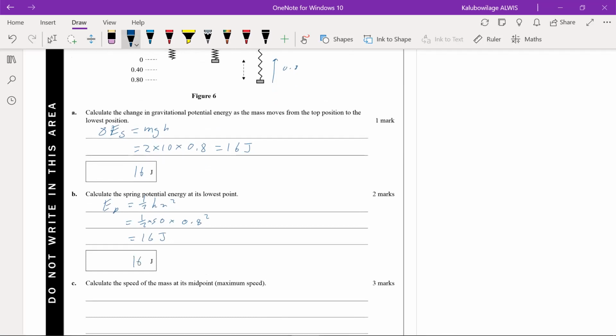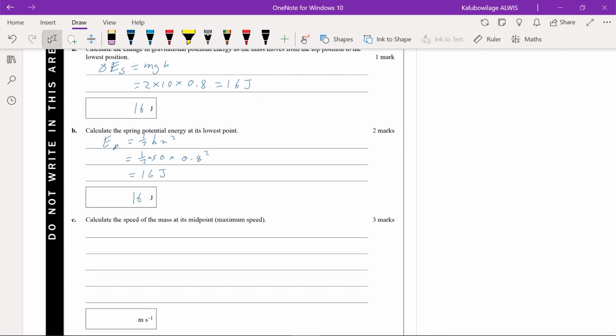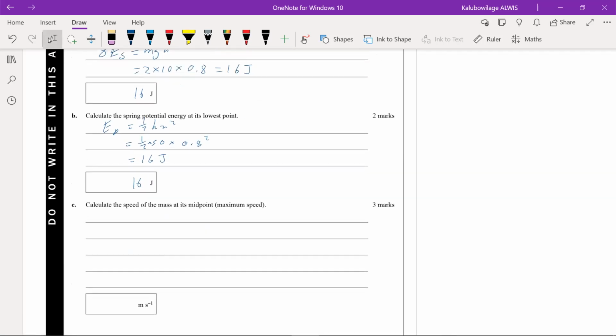But for marks, calculate the speed of the mass at the midpoint. So kinetic energy. At the highest point, it's just gravitational potential. At the midpoint, we have kinetic energy, gravitational potential, and spring potential. 16, I won't bother writing the formulas out.